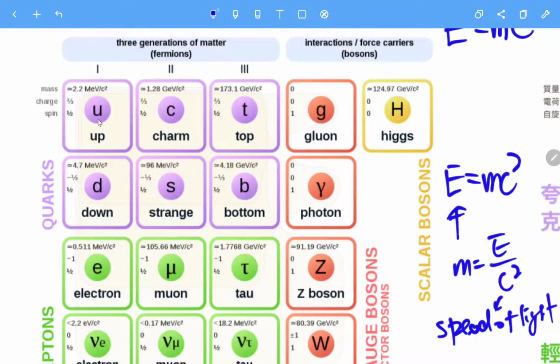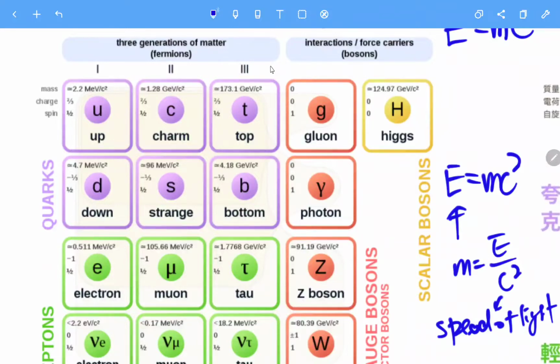So this is the energy. You can see for the first generation of quarks, it is as much as several MeV. But here, up to around 100 MeV or up to 1 GeV. So we need larger and larger energy to really find the existence of these quarks.